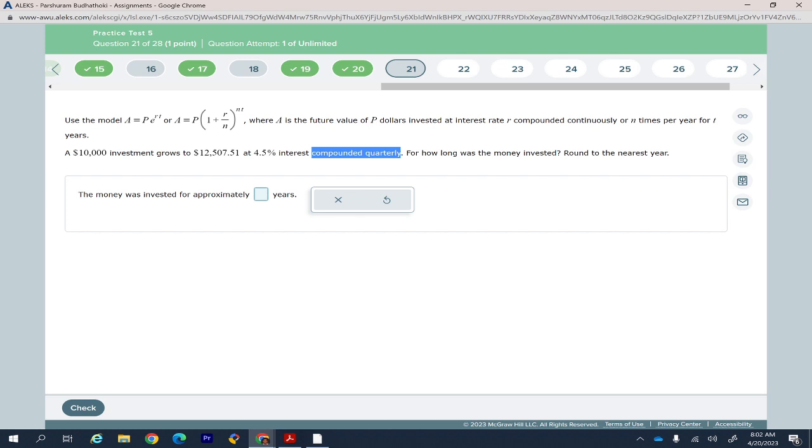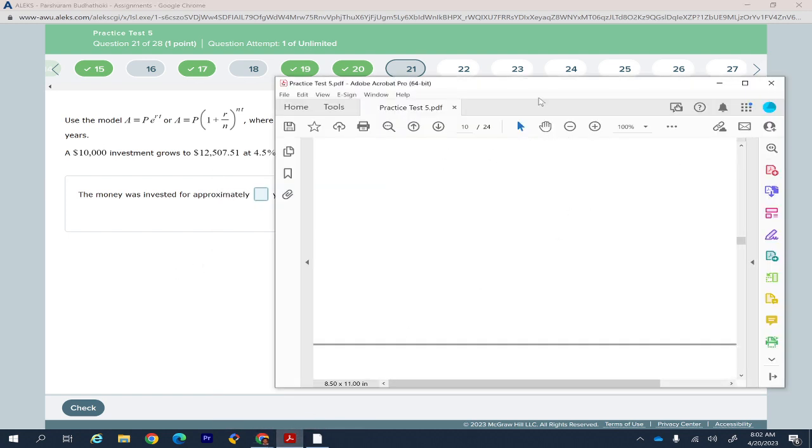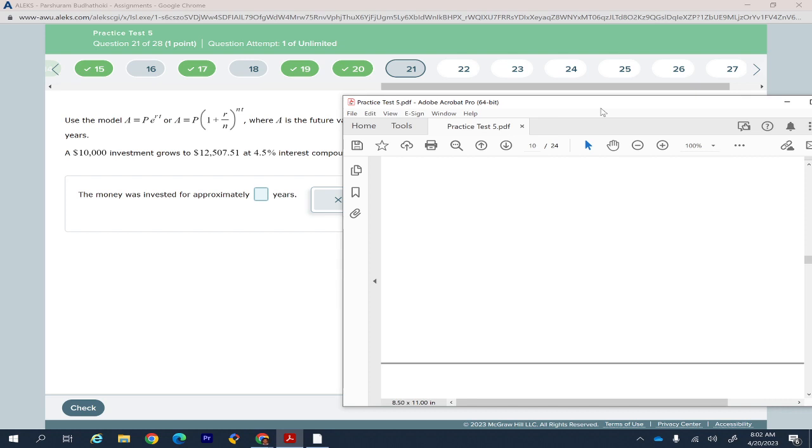If they say anything other than compounded continuously, then you have to use the second formula. Okay, so in this problem we have to use the second formula, which is A equal P times 1 plus r over n to the power n times t.